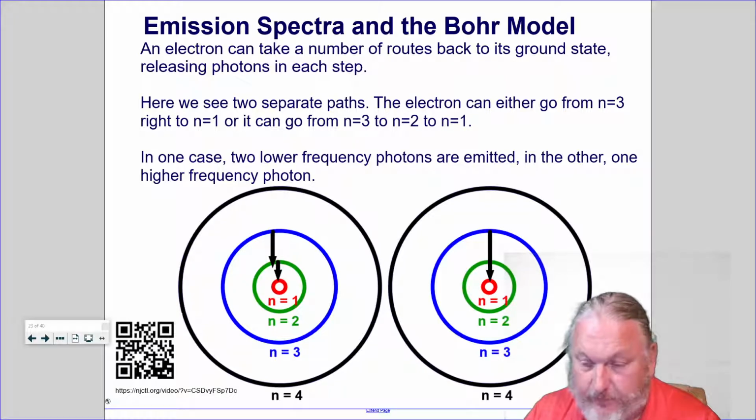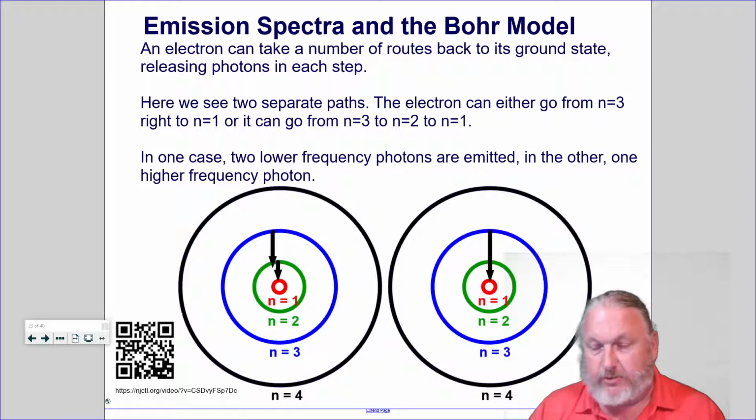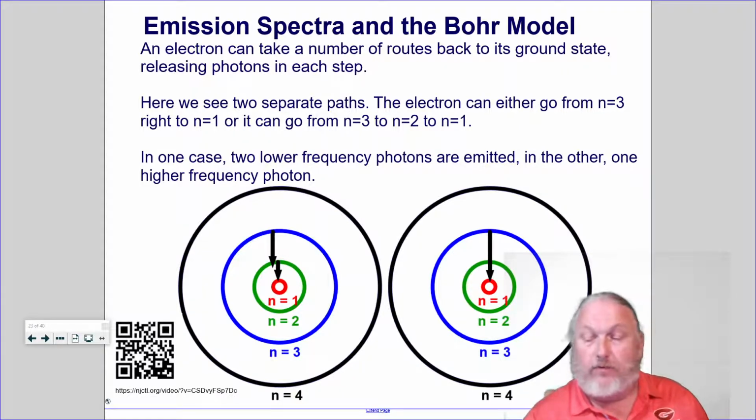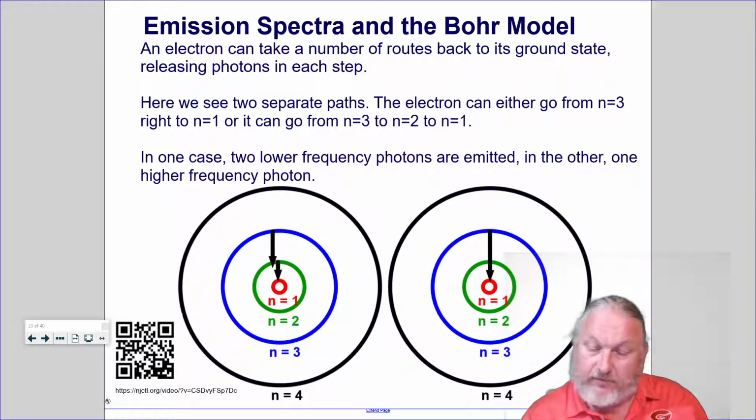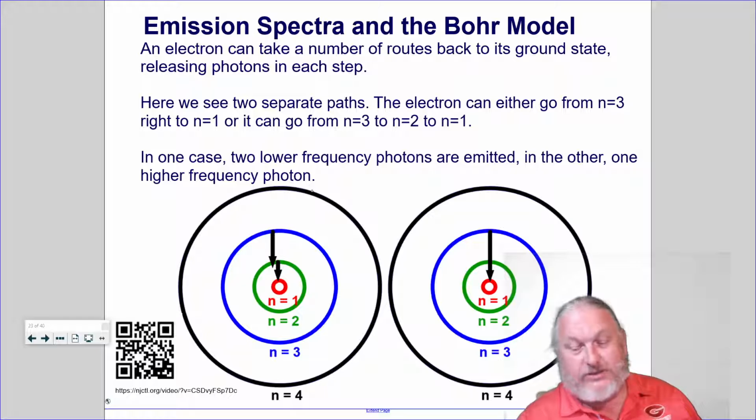So we'll do this a little bit. This electron can take a number of routes back to its ground state. It doesn't always go from N4 down to N1. It could, and it does, but that electron can go from N3 down to N1, or it can go from N3 down to N2, then down to N1, or it can go from N4 down to N3, down to N2, down to N1, or it can go from N4 down to N2, down.